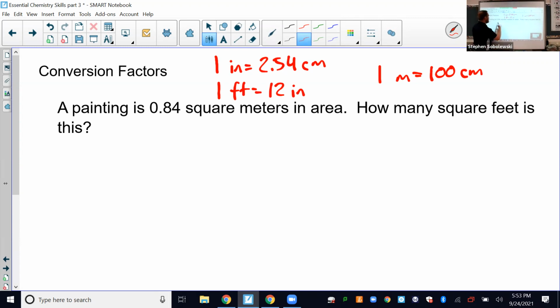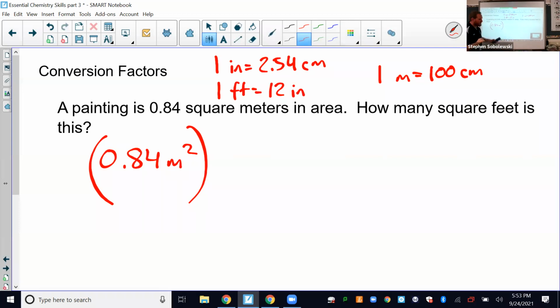Our starting point, 0.84 meters squared in parentheses. Quick note here. The square needs to go inside. It's already meters squared. Do not go like this, because that does change it, because now you're squaring the 0.84. That is wrong.